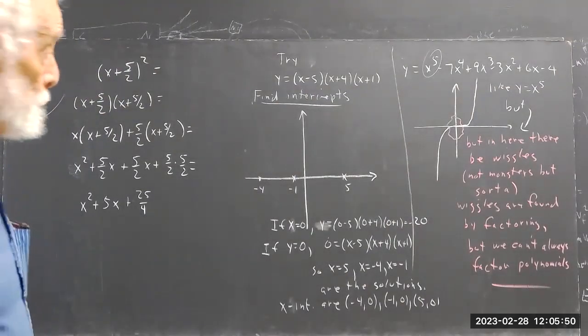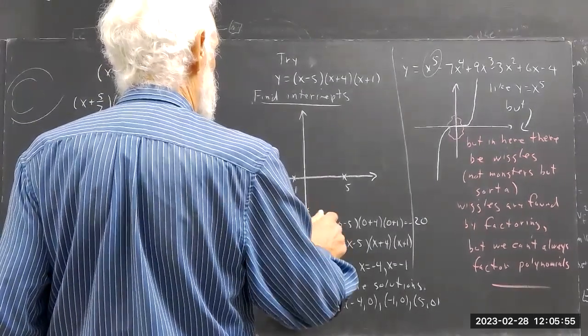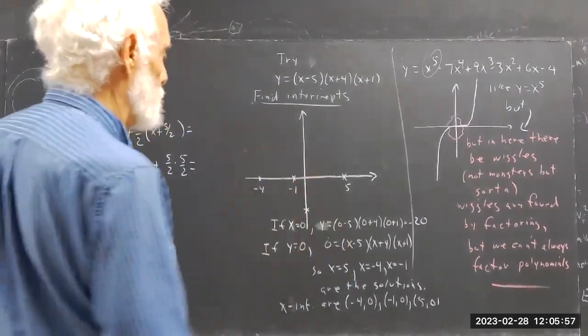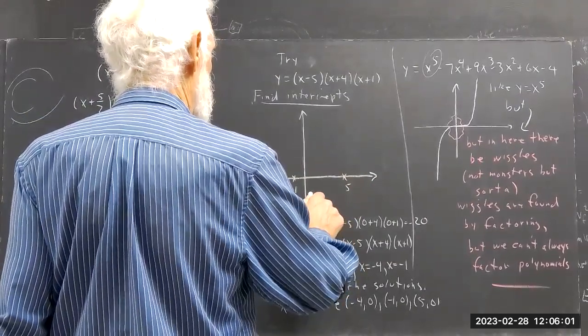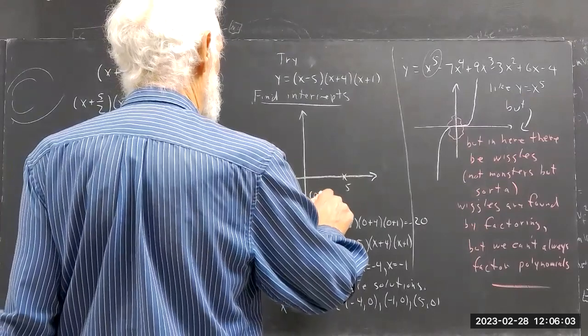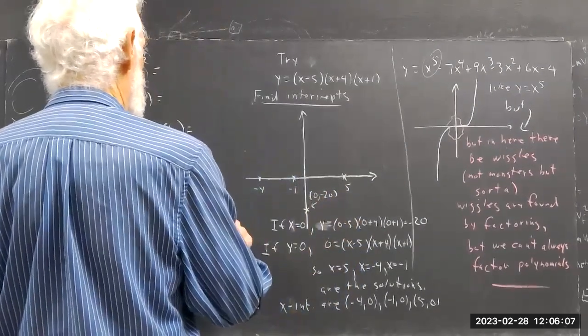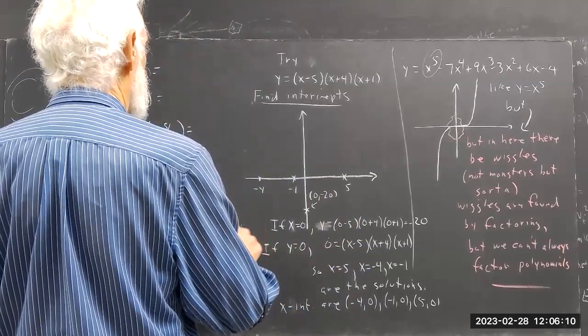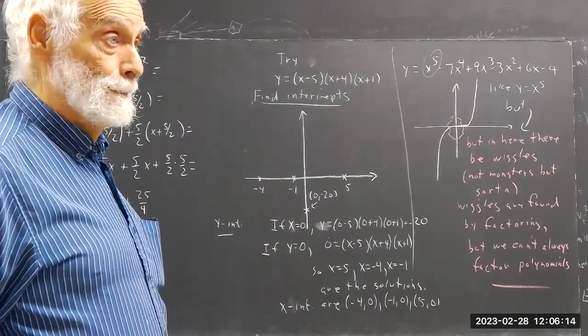Okay. So I'm going to put -20 here, simply because I don't have room to put it much lower. That's the y-intercept. That's even easier than the x-intercept.